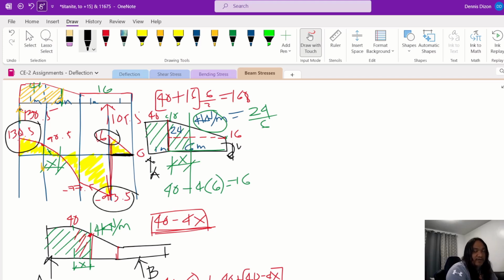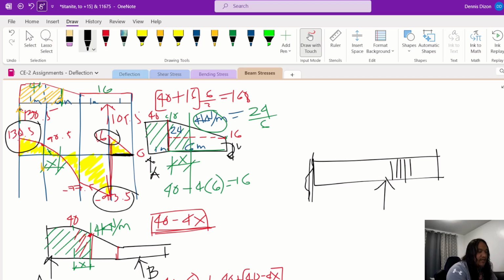If we cut the beam here, this is our reaction at B, and the spacing here, because the shear is smaller, would be say 75 or 100.